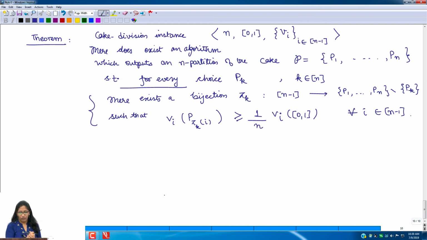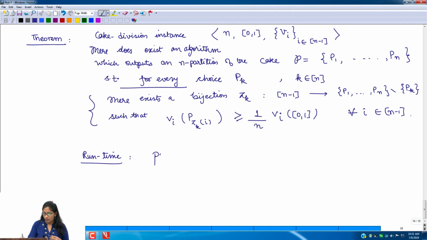And again, the runtime of this particular algorithm is poly, since we are just doing cut-eval queries, and you can analyze how many cut-eval queries we are doing; it will be poly in n. That analysis of counting the queries is similar to the moving knife procedure, and therefore it runs in polynomial time.